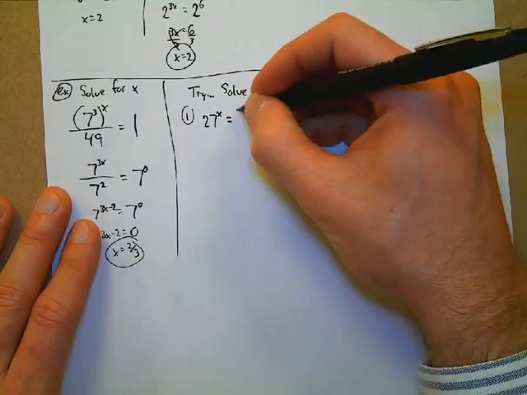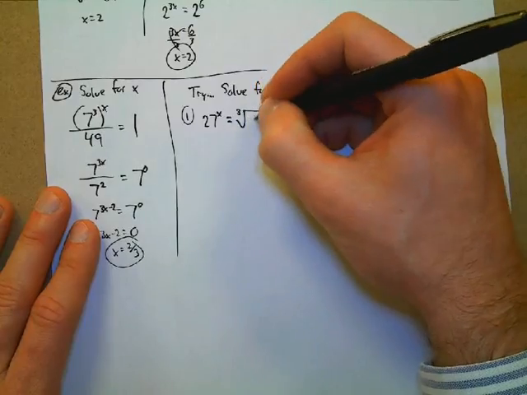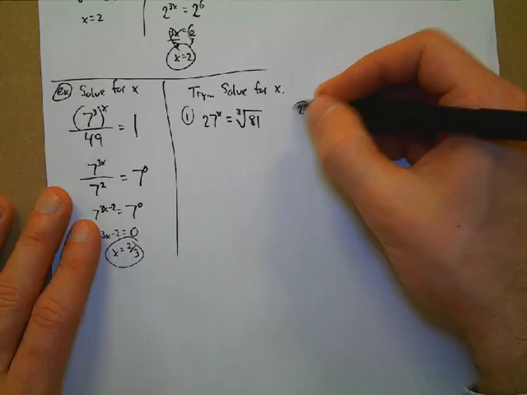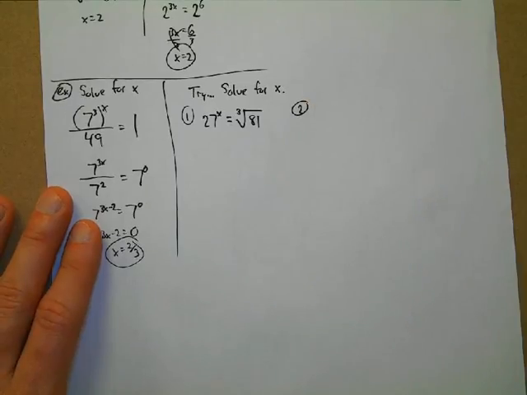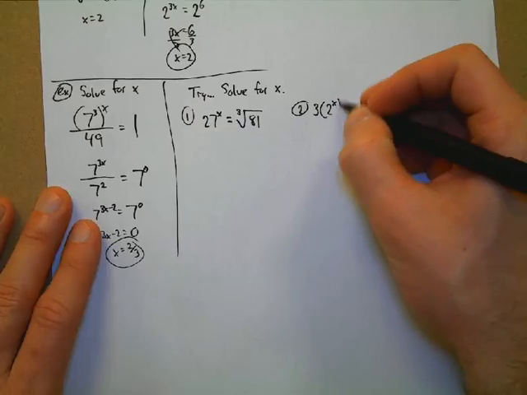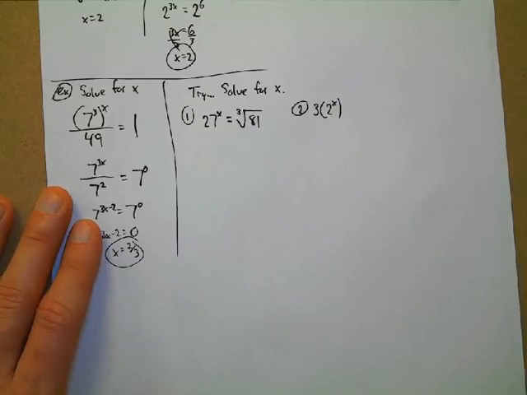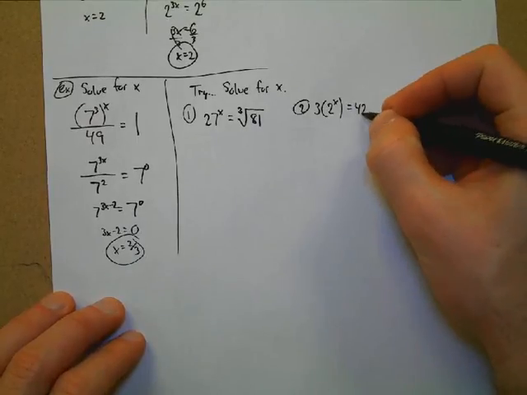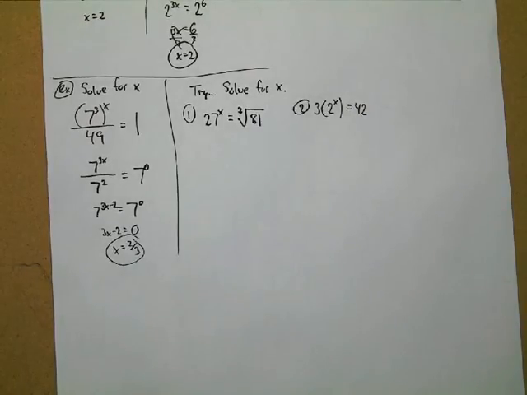And then number 2, 3 times 2 to the x equals 42. And you can use any method you want to solve those. Any of the stuff we just talked about.